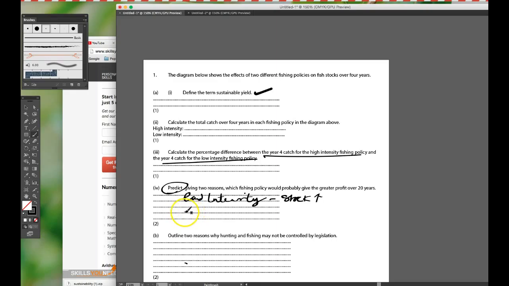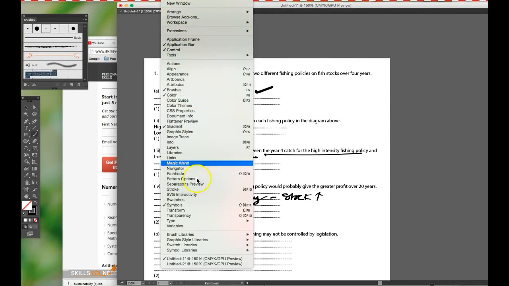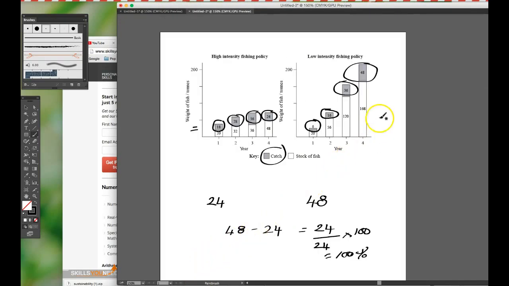But we could also argue the high intensity, perhaps it could be the case that this fish is very marketable, and so harvesting as much as possible might on average give us more over 20 years. But I wouldn't recommend that, it's quite obvious from here that it's going to be the low intensity. Another reason, so we need to give 2 reasons. So one is that we've got higher catches as the years go on, but the other reason being that the stock is constantly increasing here.